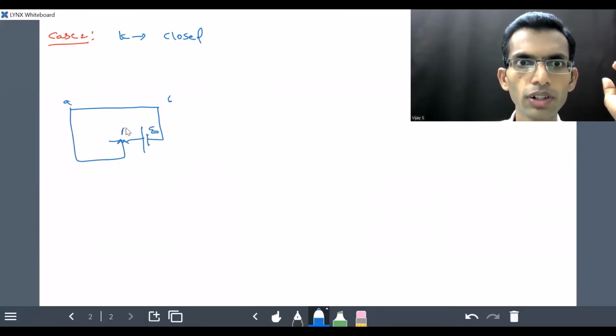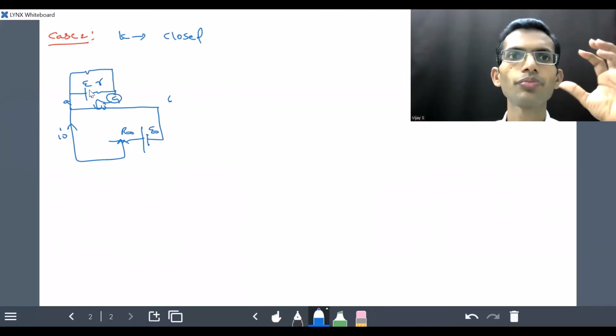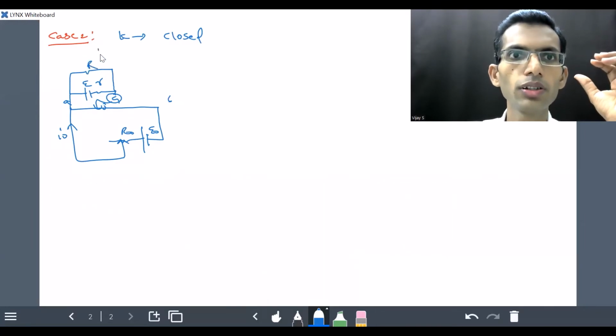This is the main circuit, and this is the sub-circuit in which cell and galvanometer are connected in series. When key K is closed, this resistance comes across the cell. So this is known.